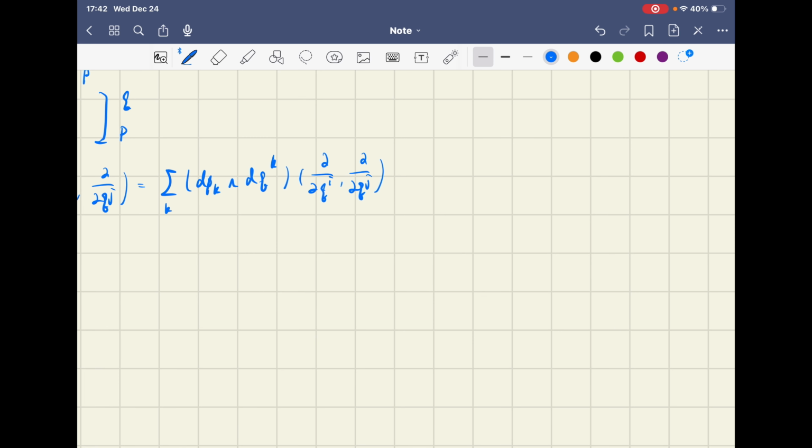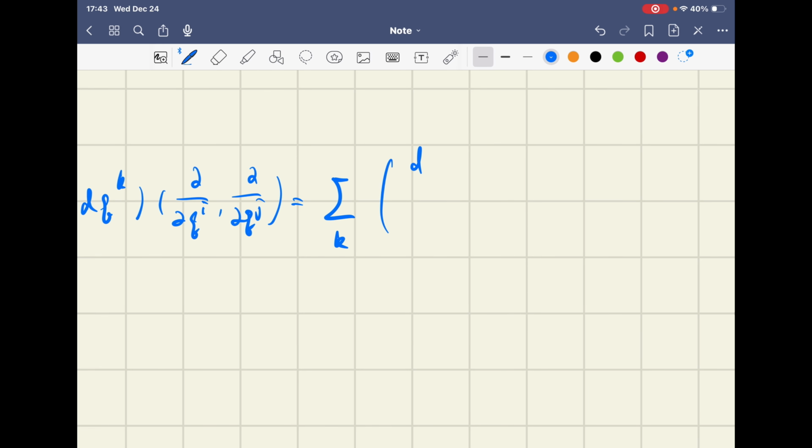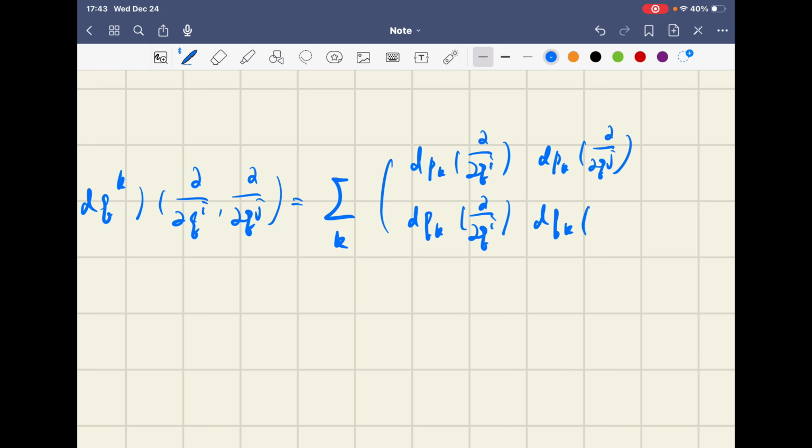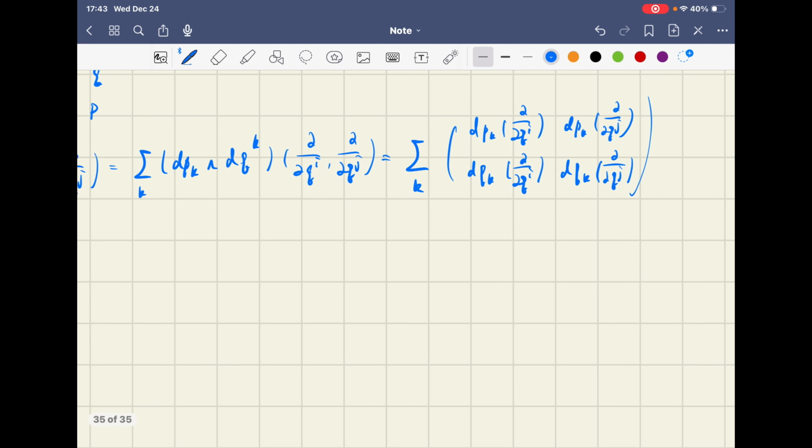The calculation of a 2-form is actually a determinant, since the 2-form is skew-symmetric. So we have the dP_k of Q_I and Q_J terms, and the dQ^k of Q_I and Q_J terms, in the determinant.